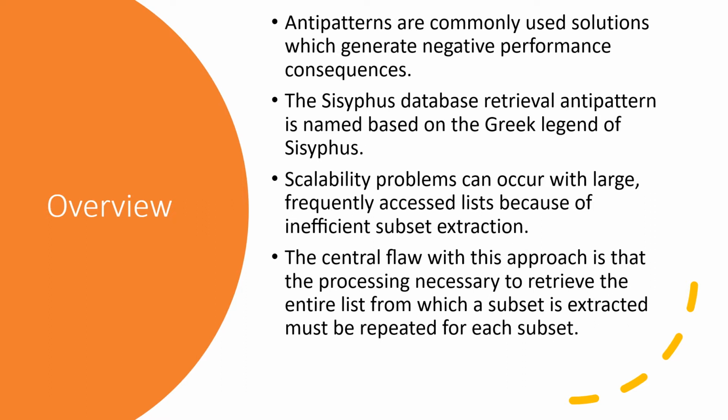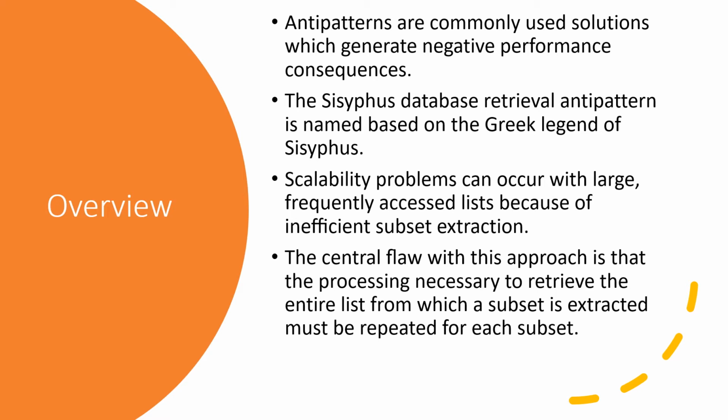In reference to software performance, this is usually referenced in terms of when large lists are required, or more specifically subsets of those lists. Scalability issues occur with large frequently accessed lists because of the inefficiency of the subset extraction.